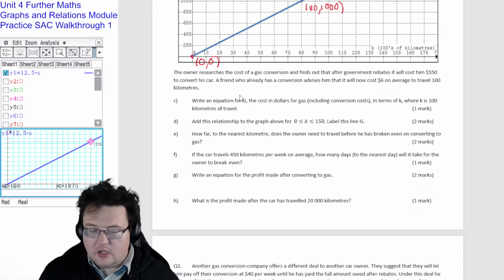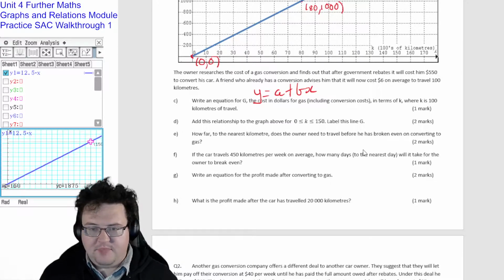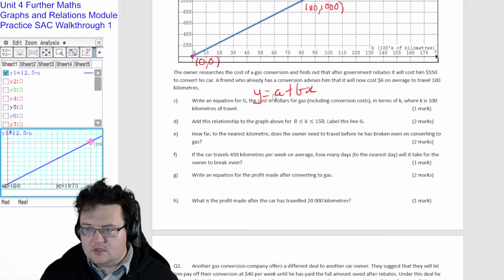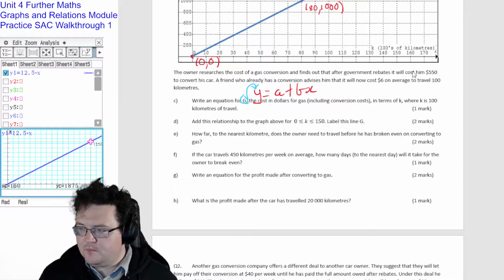So, like most linear equations that we're creating, we want to do it in y equals a plus bx form, where a is our constant value and b is our gradient. And obviously, we want to make sure that we are using G and K. So, in this case, this G is y.